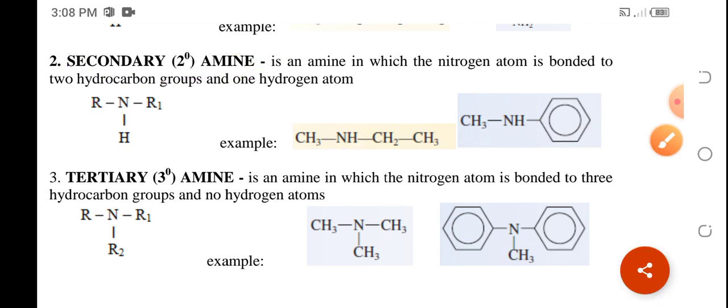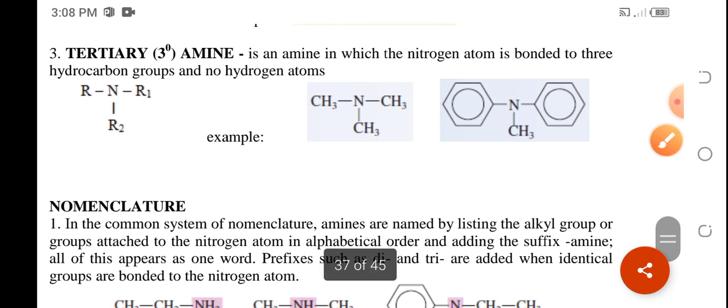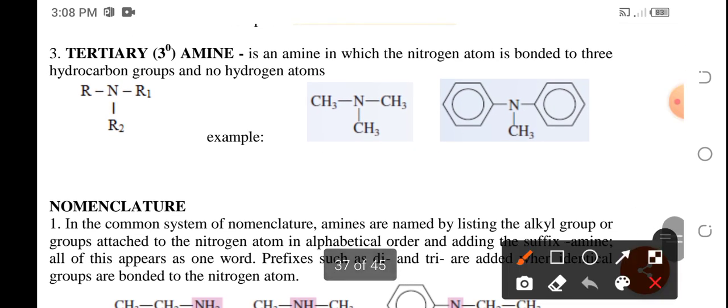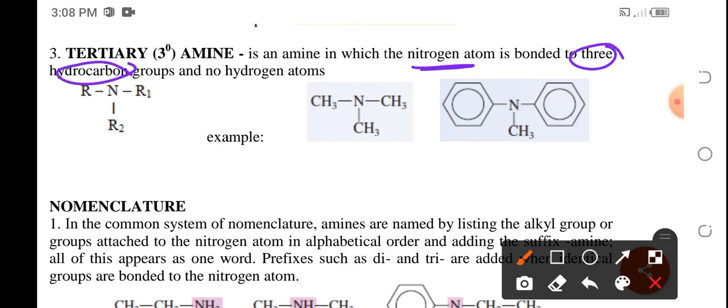On the other hand, tertiary amines are a type of amine in which the nitrogen is bonded to three hydrocarbons, and no hydrogen is attached. So there's no hydrogen attached to the reference nitrogen, and it is attached to three series of carbon atoms. Again, these series of carbon atoms could be or could not be the same.